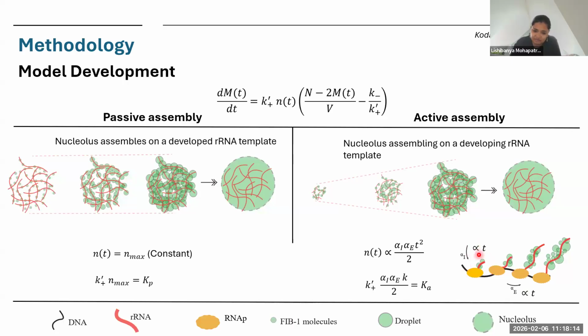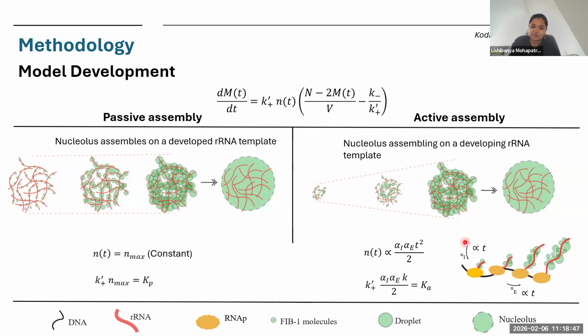So the rate at which RNA polymerase lands on the template is a linear function of time, and the rate at which the RNA polymerase is moving along, that is also a linear function of time. We have some reasons for assuming this. There were some experiments done on flies where they actually measured the loading rate of RNAPs, and indeed they saw that there was a linear rise in that particular rate. So it's based on that observation.